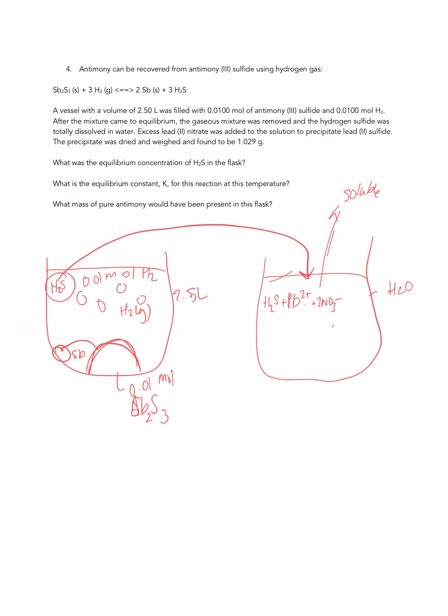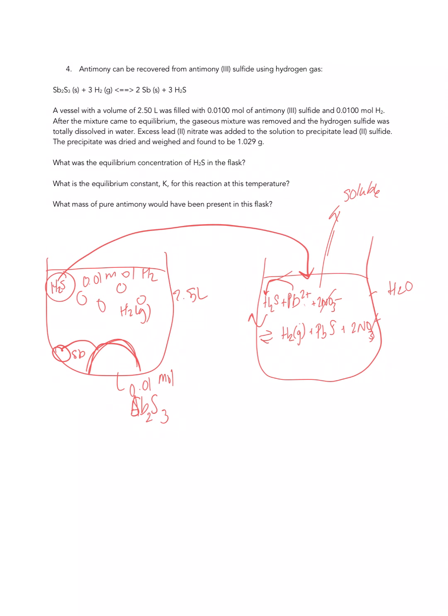What happens here is that Pb2+ is going to kick off the hydrogen. So our products are going to be H2 gas plus PbS plus 2 NO3-. So if we were to write our net ionic equation, we would get rid of the nitrate, and we would have H2S plus Pb2+ makes H2 plus PbS.